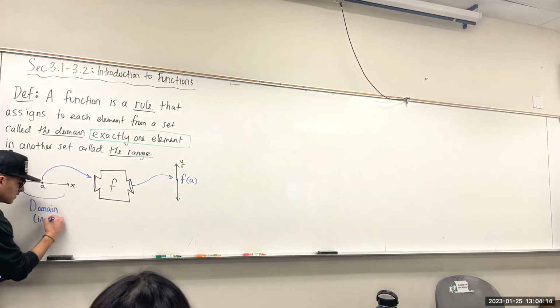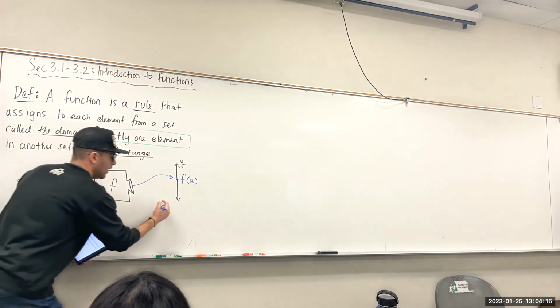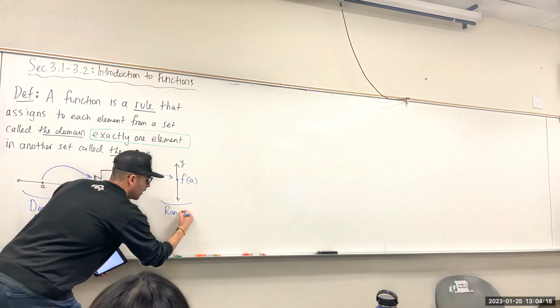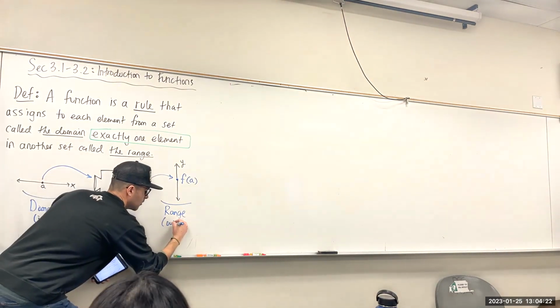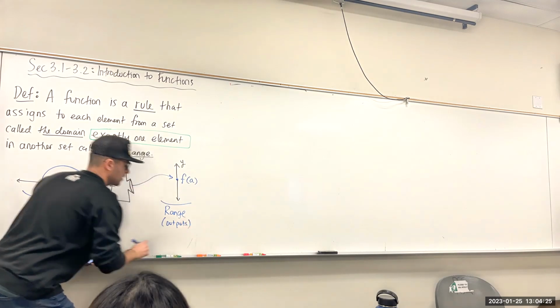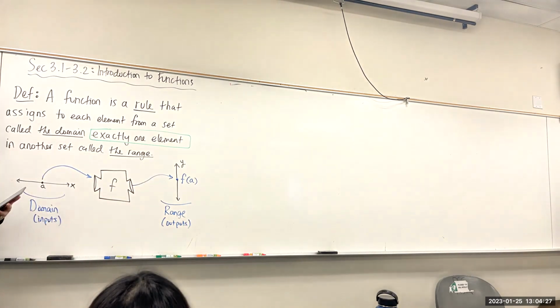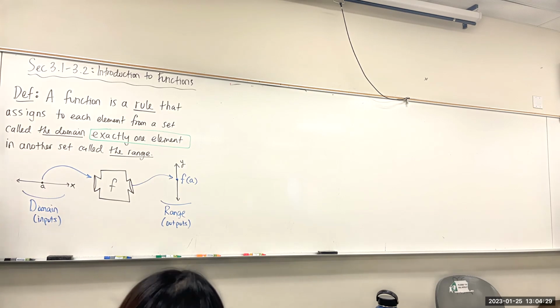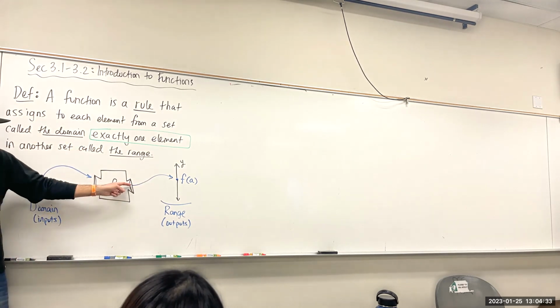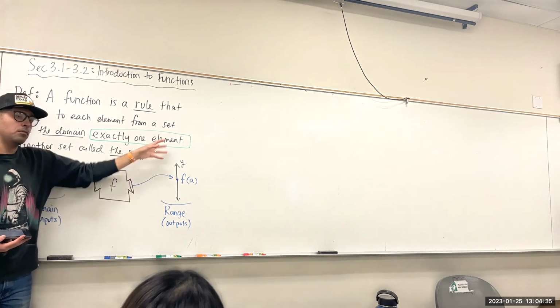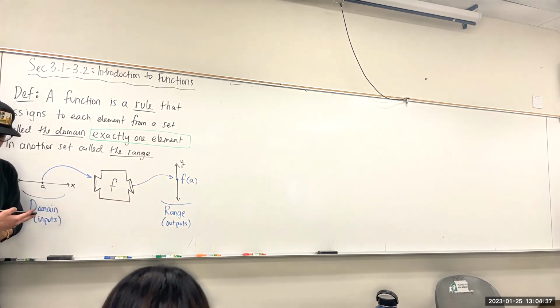So that's our inputs. And our outputs are going to live in the set called the range. So the range will contain all the outputs of the function. That's like a visual of what this definition is saying. Okay. And only one thing can be spit out, not multiple things.